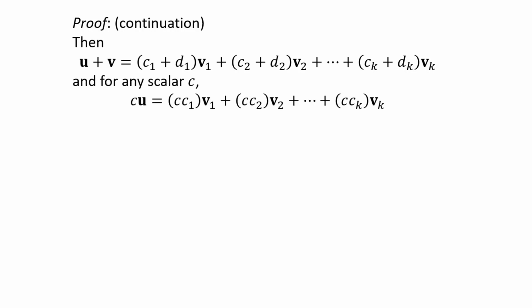And for any scalar C, we have C times the vector U. We multiply C to this. So we have C times C sub 1 and so on.